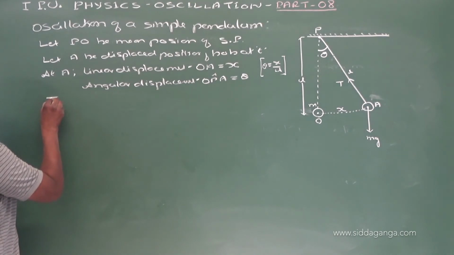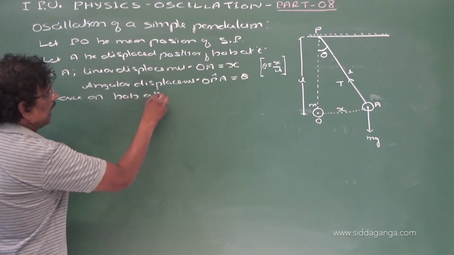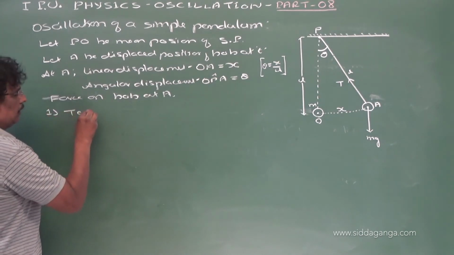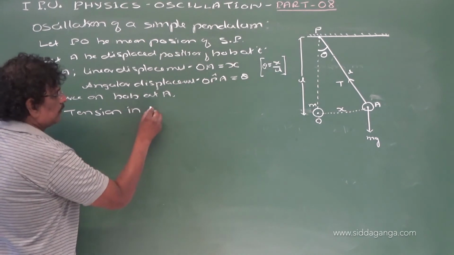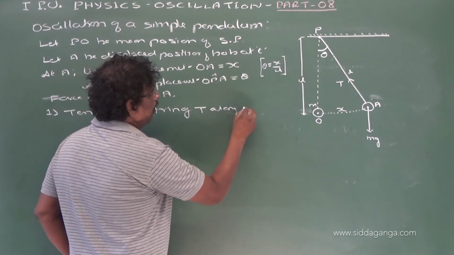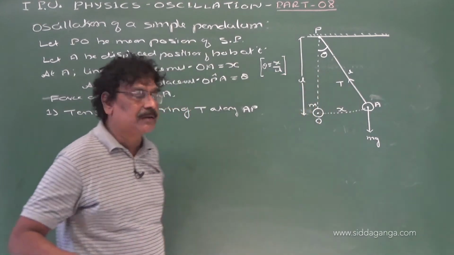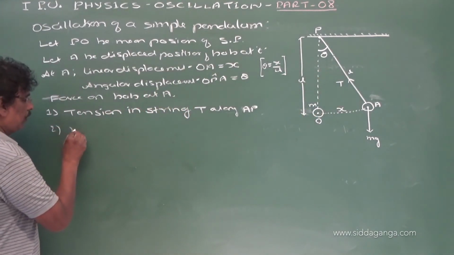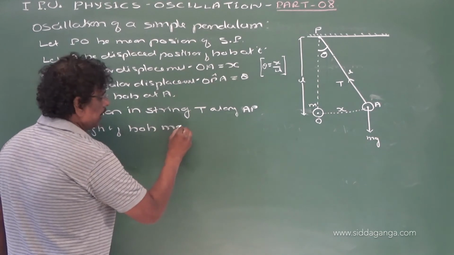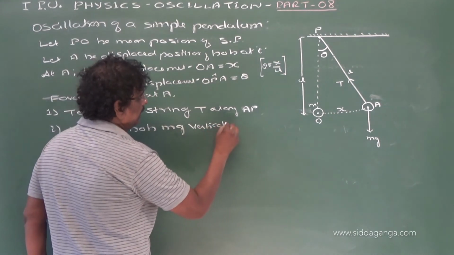Now forces on bob at A. Number one, tension in string P along AP as indicated by the arrow mark. Number two, weight of bob mg vertically in downward direction.